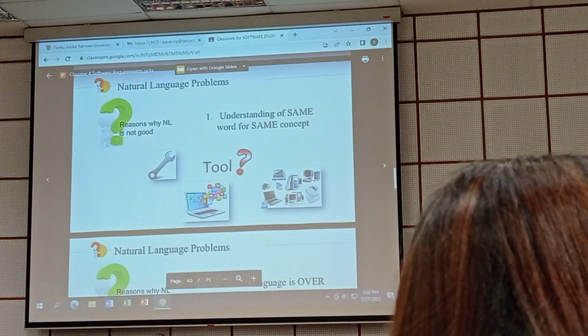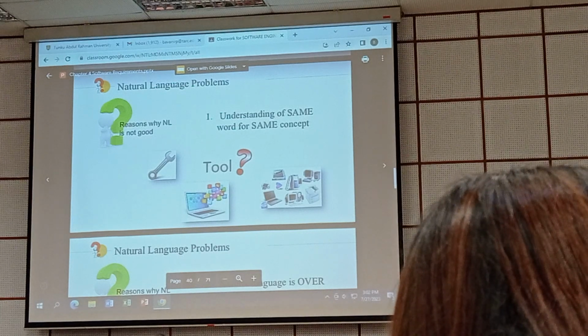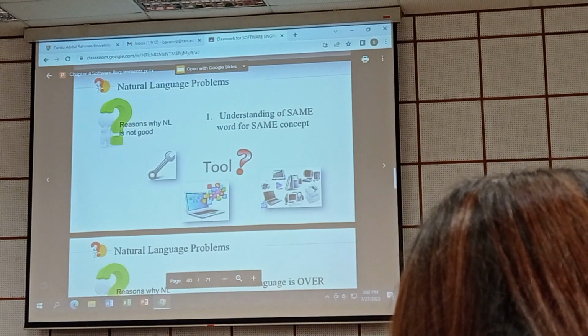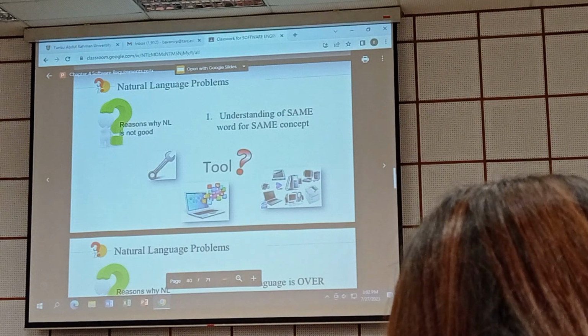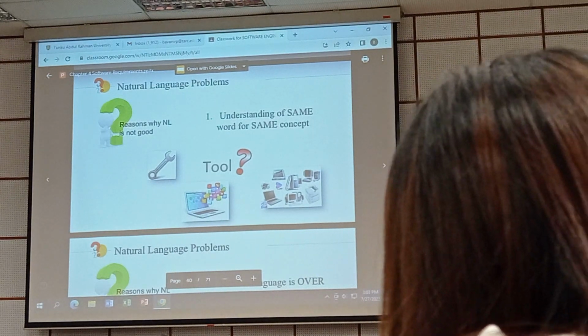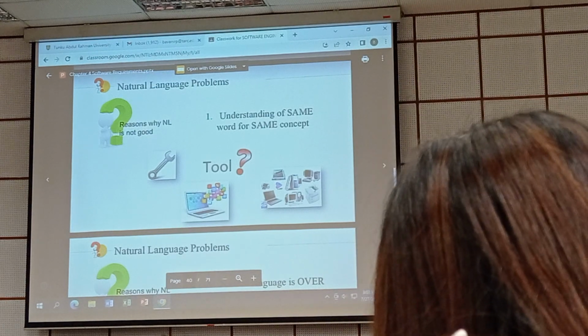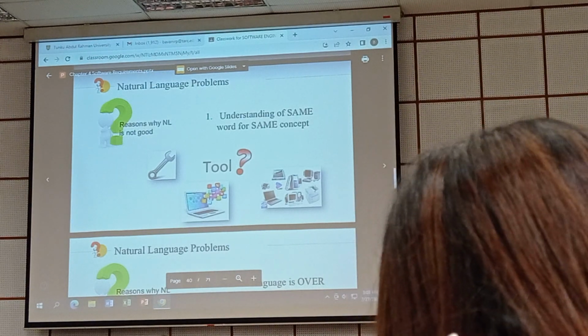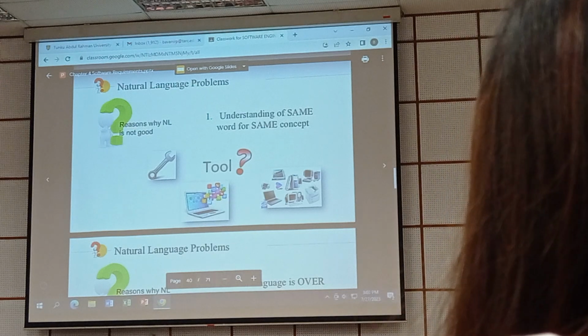What is an example of an English word that has two or three different meanings? Suddenly you ask me, I cannot think. I'm not an English teacher. One word but two different meanings. You can use it here, also can, there also can.